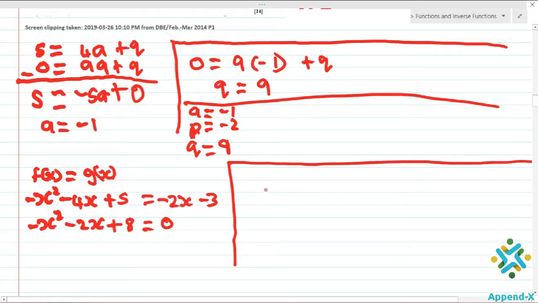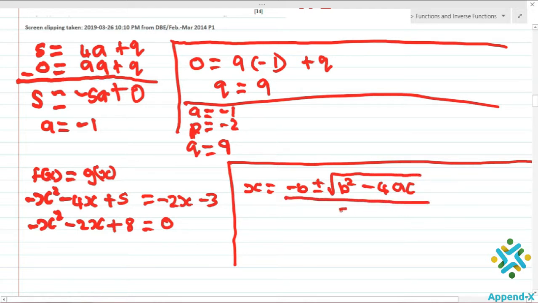now to find the x value, we are going to use the quadratic formula. Okay, x must be equal to negative b plus or minus the square root of b squared minus 4ac, all over 2a.